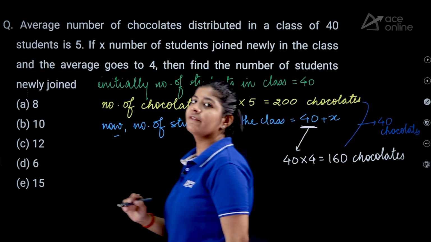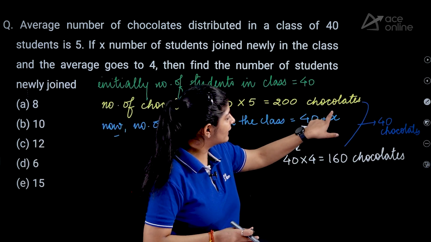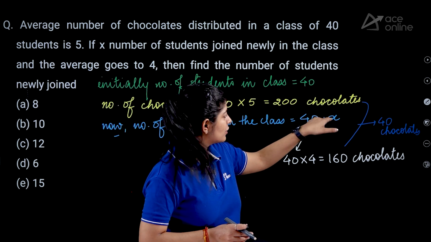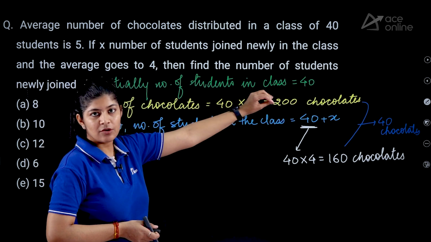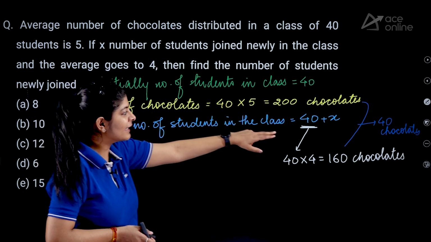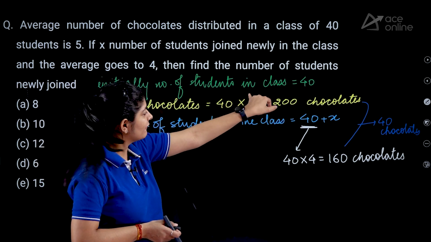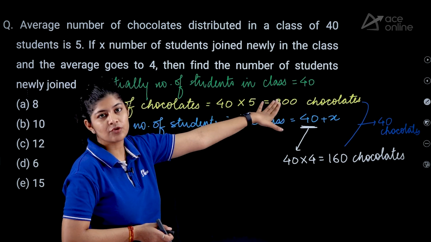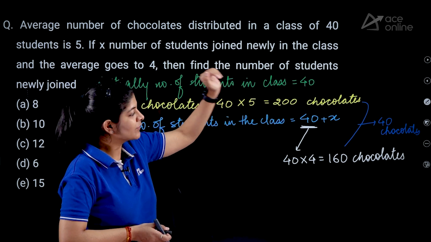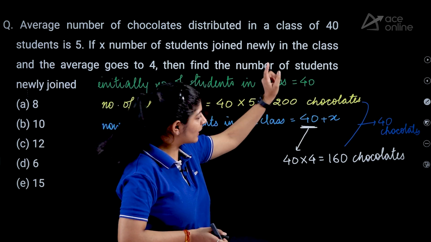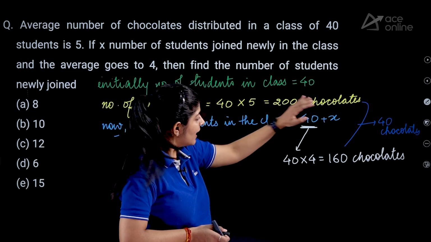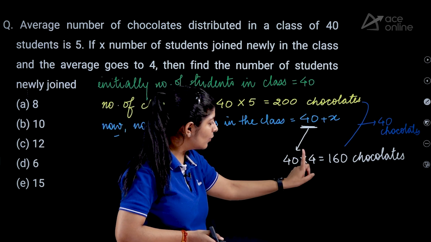Why are we getting a difference of 40 chocolates? Because of these X students. Let's suppose these X students do not come to the class, then these 40 children are getting 5 chocolates each, and the total number of chocolates will remain the same, that is 200. But because of these X students, these 40 students are getting only 4 chocolates.